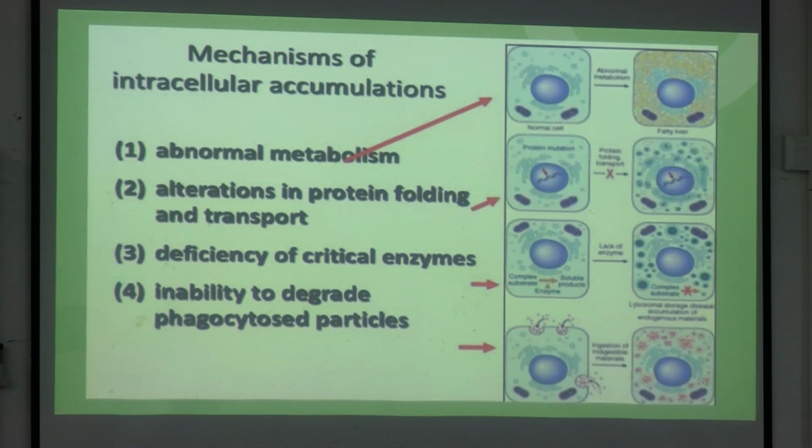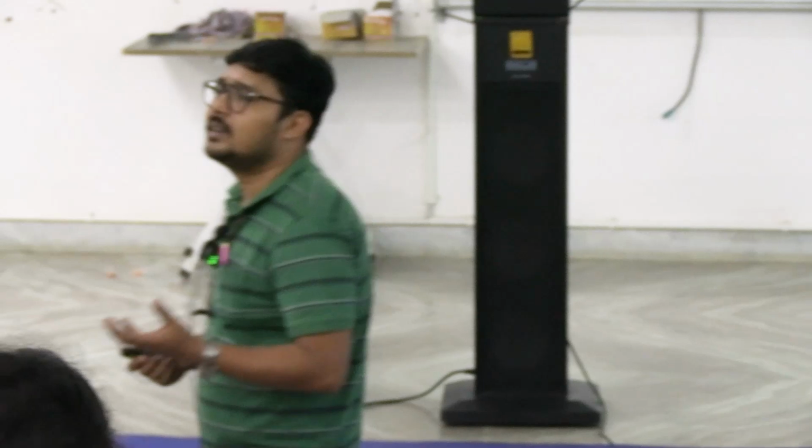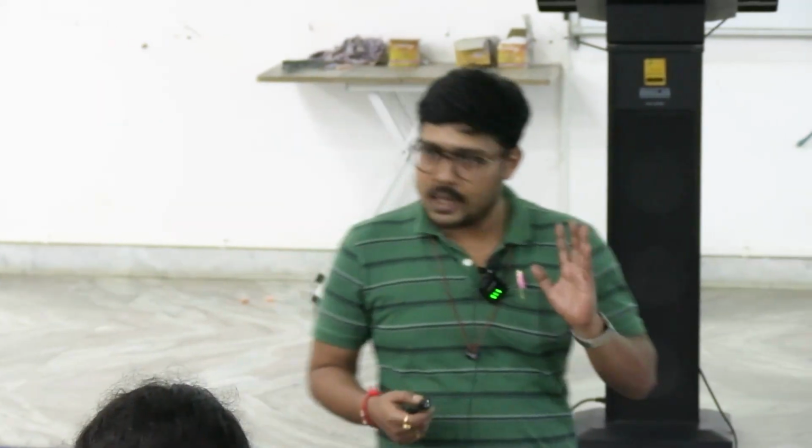As we know, the cell is the unit of life, so each and every cell has the property to synthesize or metabolize its nutrients and excrete toxic products from the cell and survive to the fullest.